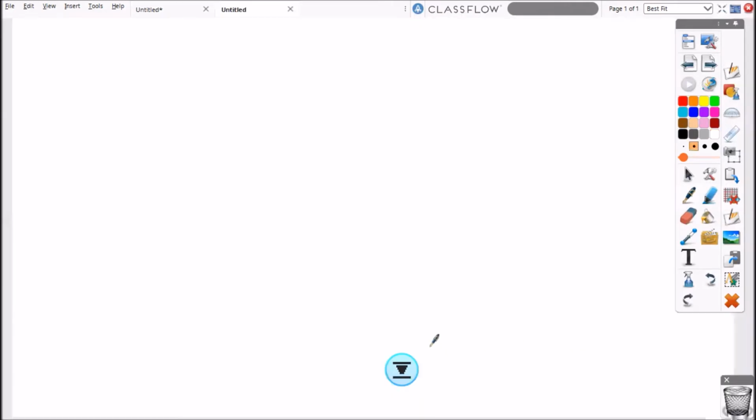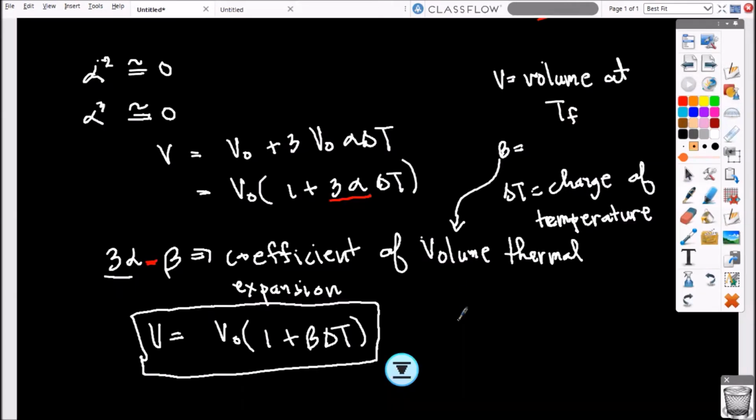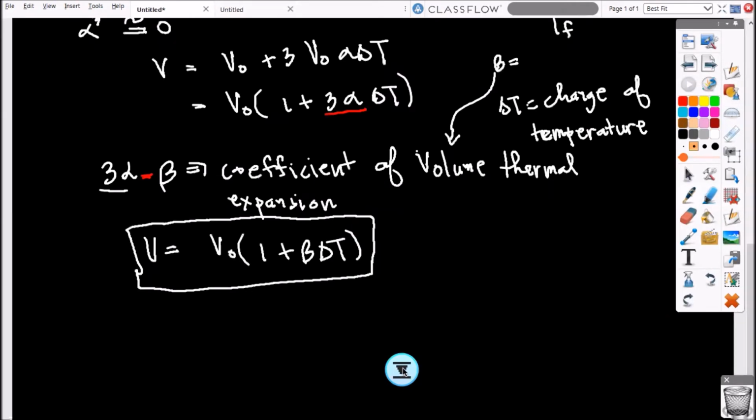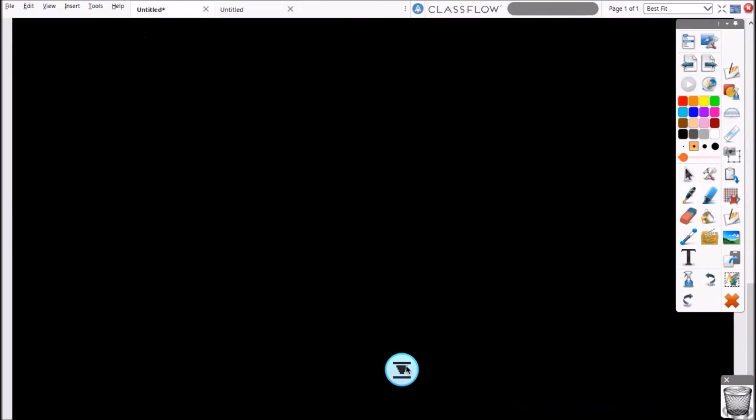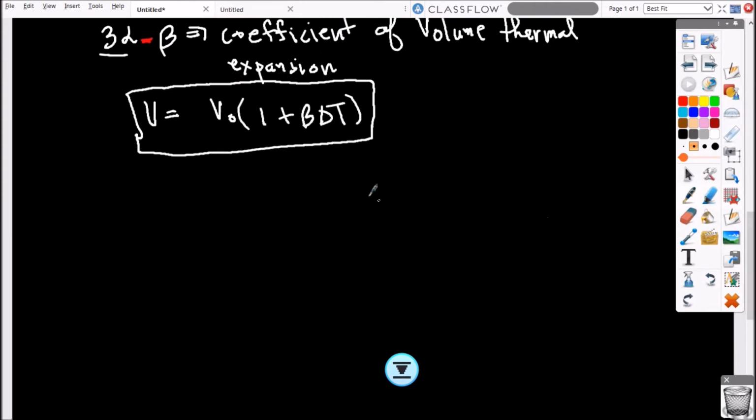Okay. So by looking at this equation, V equals V of O times 1 plus beta delta T. Okay, distribute V of O, we have V of O plus V of O times beta delta T. V of O here is the initial volume of that material.